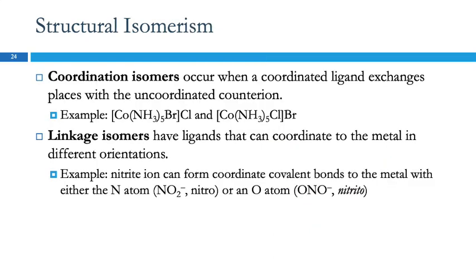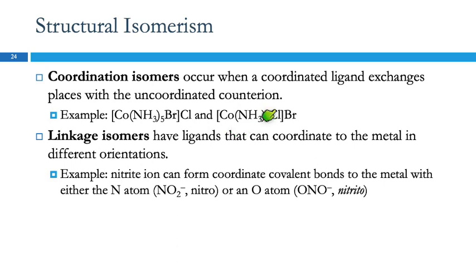So a coordination isomer occurs when the ligand exchanges places with the uncoordinated counterion. So look what's happening here. In this compound, bromide is one of the ligands, right? It's inside the brackets, and the counterion for this is the chloride ion.